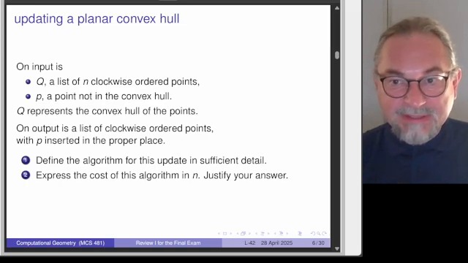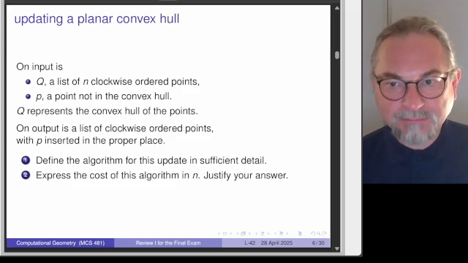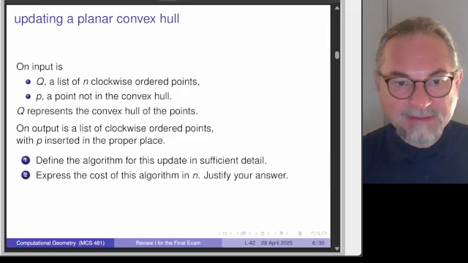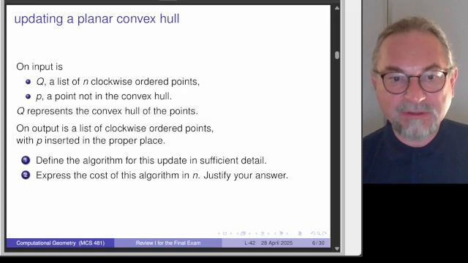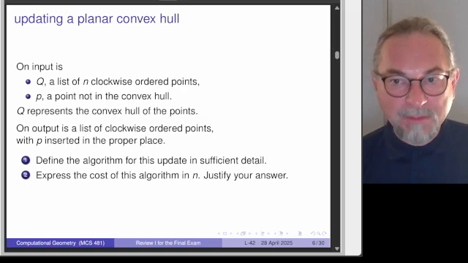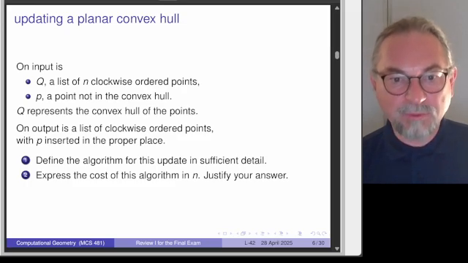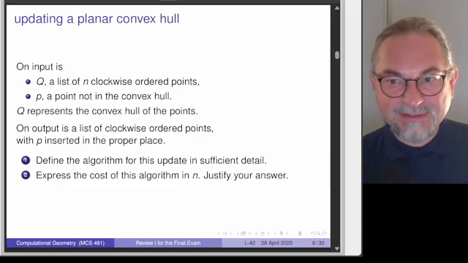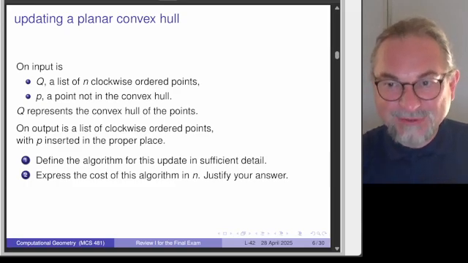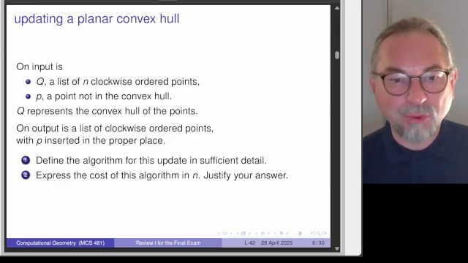In some sense, this is inserting in a sorted list. You must locate where you have to insert, and then you have to insert. It's a little bit more complicated than that, as we will see. But the question is, how would you do this? Also, in some sense, it is more complicated than inserting into a list of numbers, because after all, these are points.